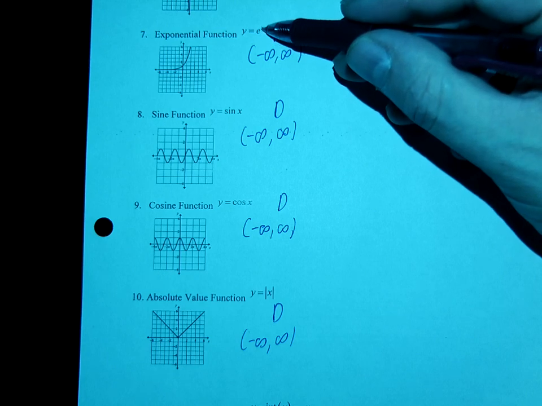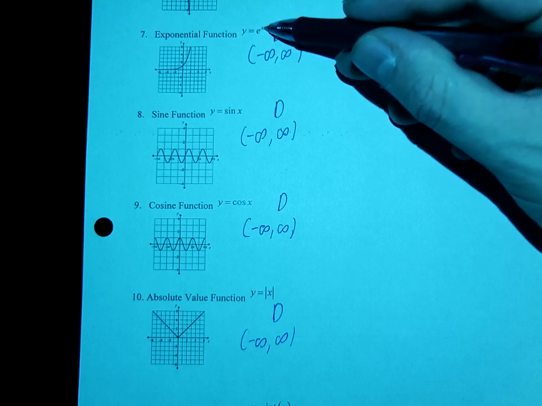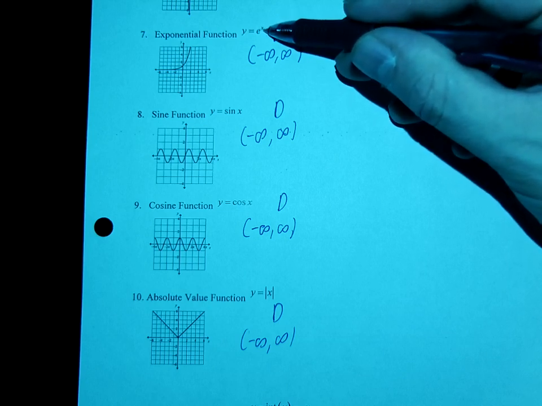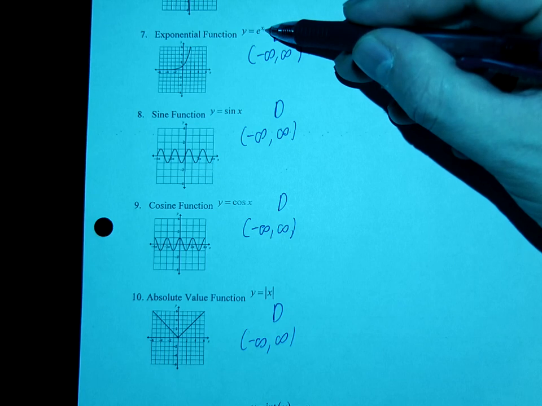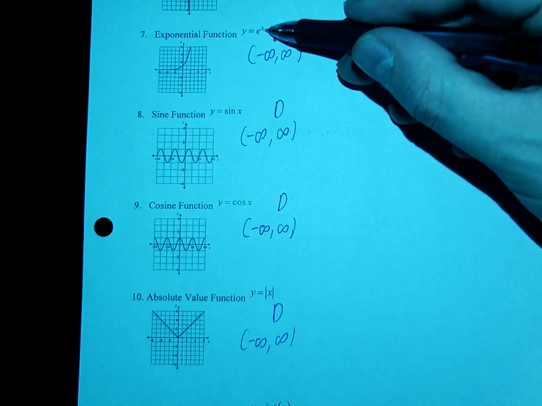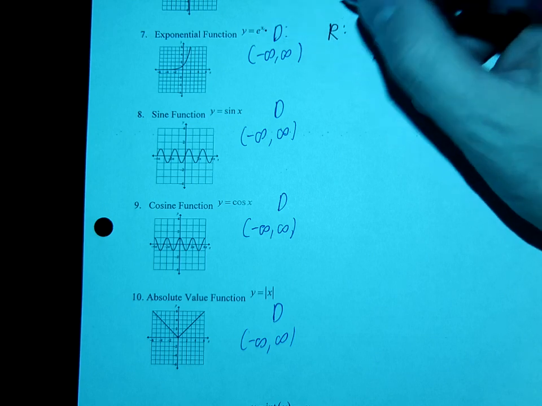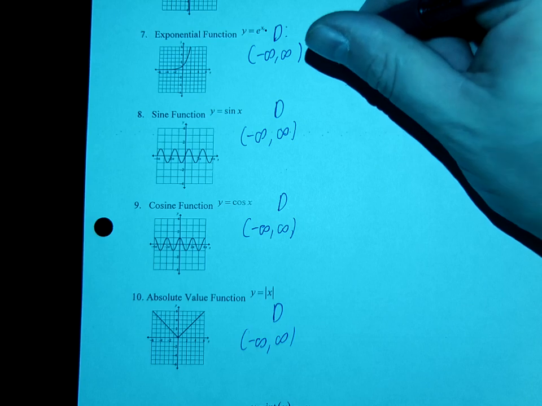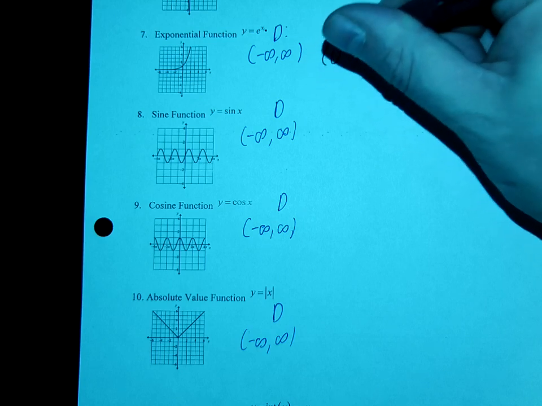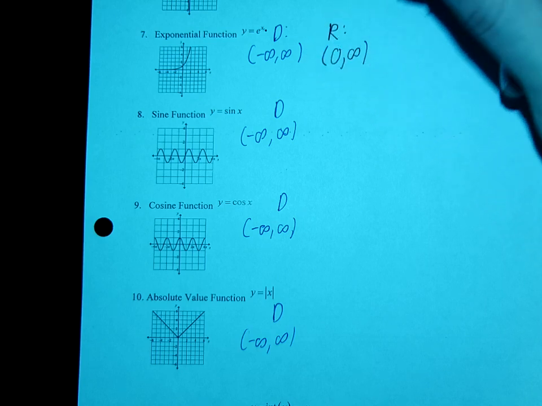No. No matter what x I put in, no matter how negative x is, negative 10, negative 20, negative 30, this will never be equal to 0. It will get closer and closer to 0. In fact, it'll get infinitely close to 0. We'll talk about that in the next items, the asymptotes. But we'll never actually attain 0. So this range is from 0 and up.